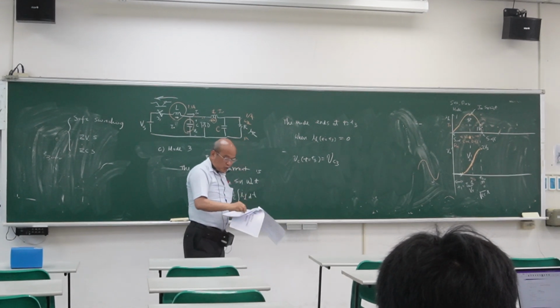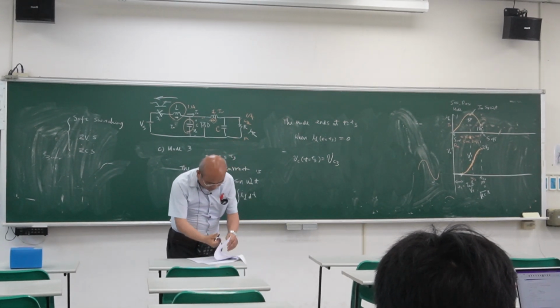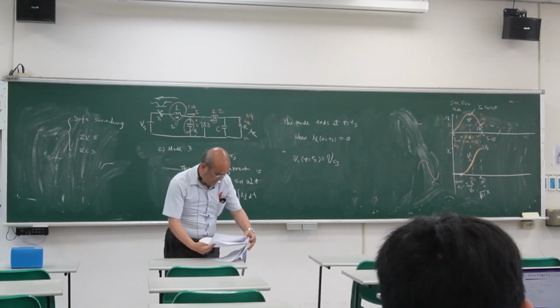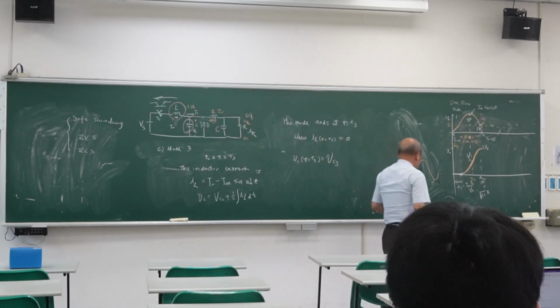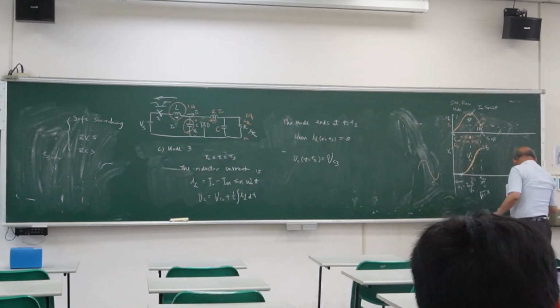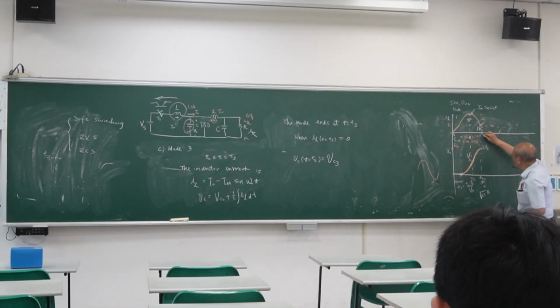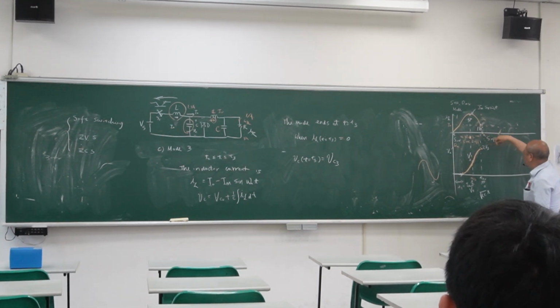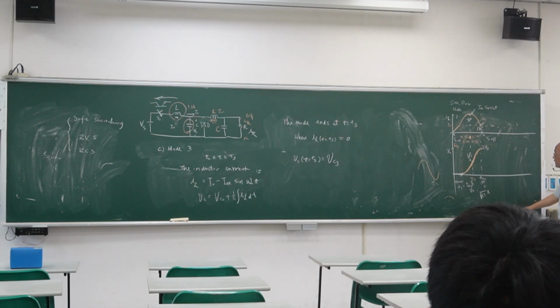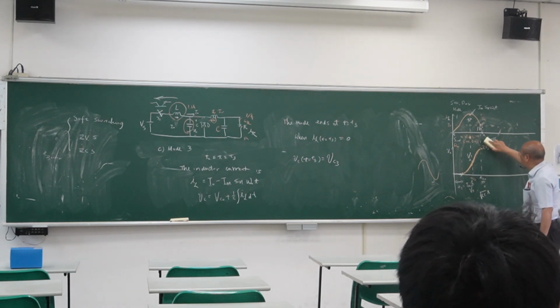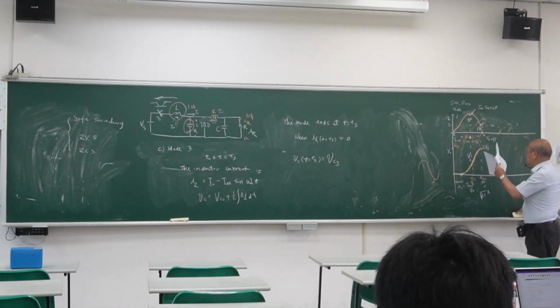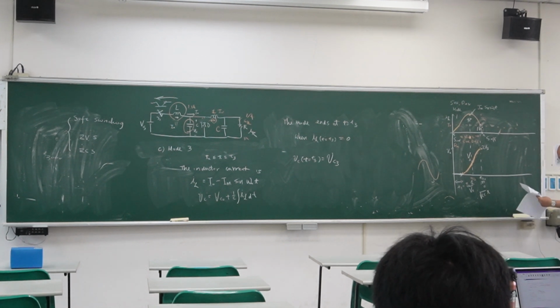So now we want to draw the waveform. So what is the waveform? The waveform is like this. Originally we want to go negative, but we have no opportunity to go negative because the switch is off at the zero current. So how about the voltage?